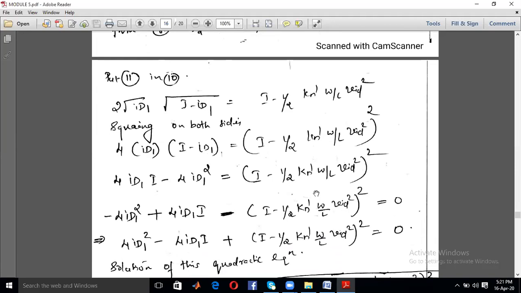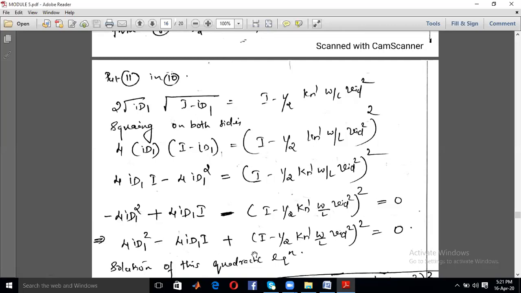Next thing you will do is take all these terms to the left side. You will take all the three terms to the left side equal to 0. Okay, because you want to make it a quadratic equation. Fine. So I took all those terms to the left side, and I arranged it by taking minus outside. So this will become positive, this will become negative, again this will become positive.